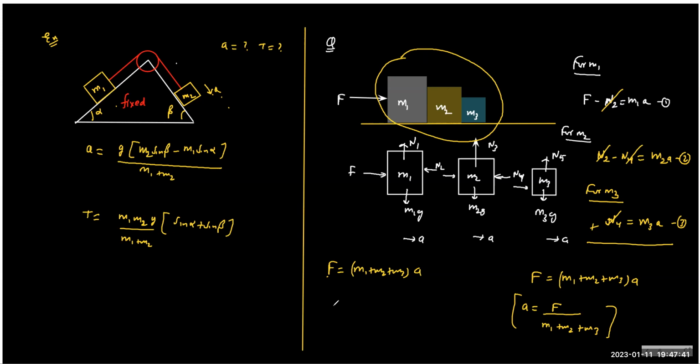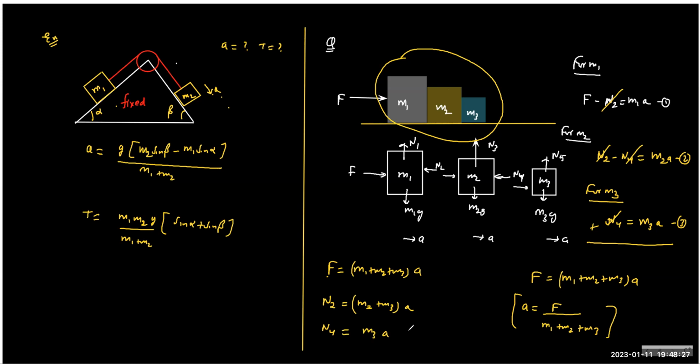If you want to find N2, N2 is pushing which 2 blocks together? M2 and M3, right? So we can write N2 directly as the net mass of that system into acceleration. And N4 is only pushing M3, so it is M3 into a.